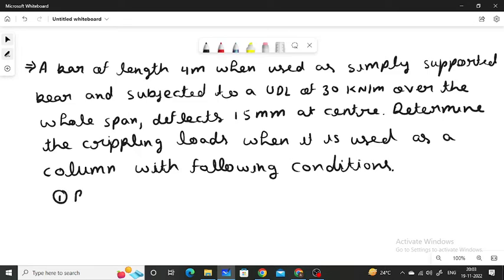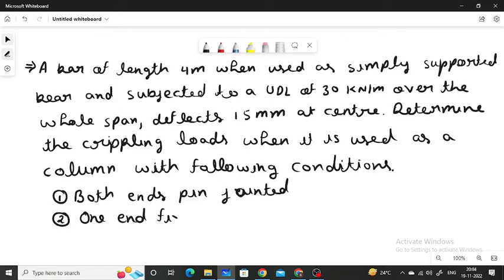First, both ends pin jointed. Second, one end fixed, other end hinged. Third, both ends fixed.